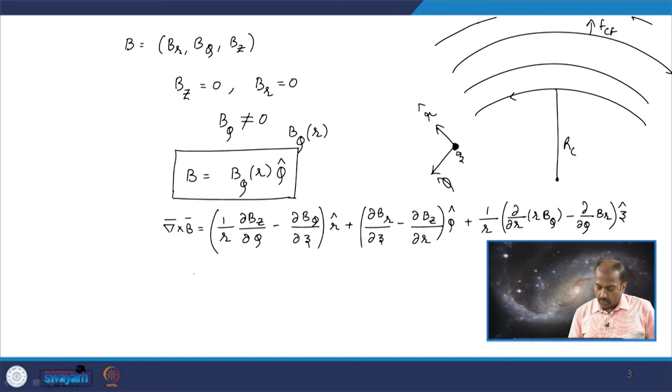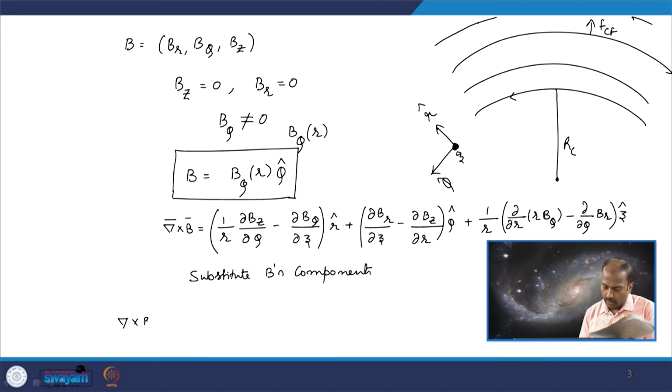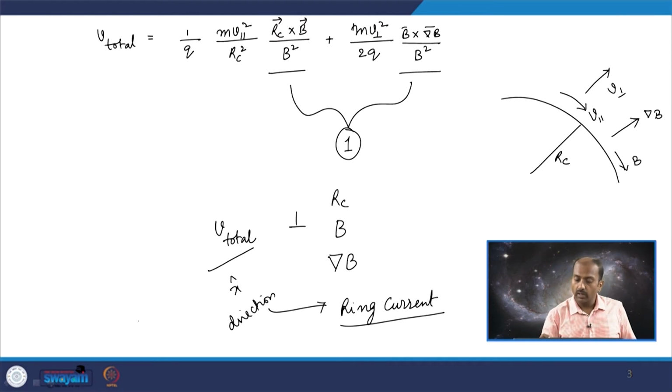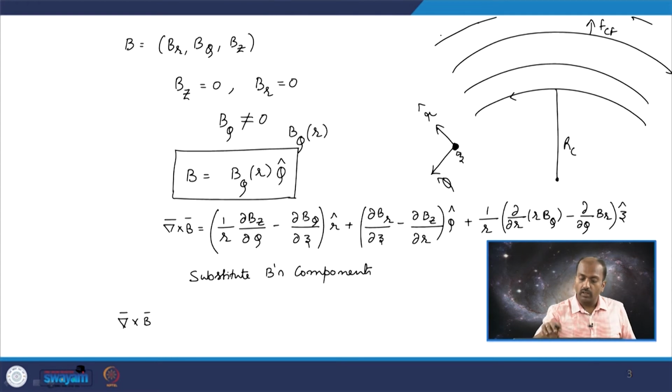Now, if you substitute the magnetic field's components, we can write the curl of the magnetic field as del cross B. Why is the curl important here? The curl is important here to find out the gradient and the curvature drifts.